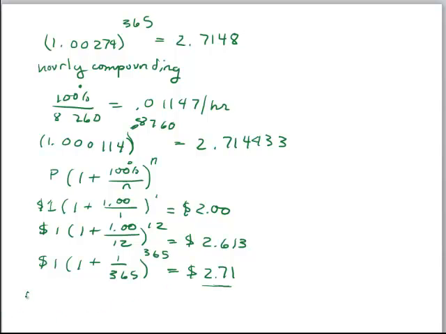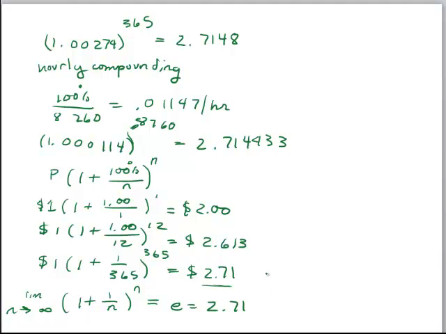So in other words, the limit as n goes to infinity of 1 plus 1 over n to the n is just e, which is 2.71 and a whole bunch of extra things.